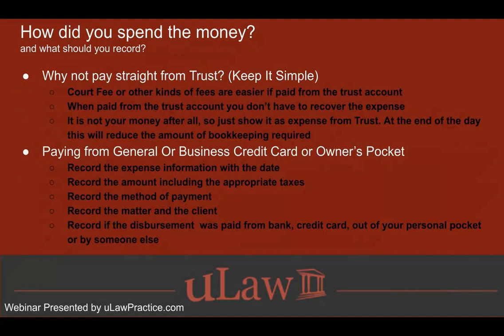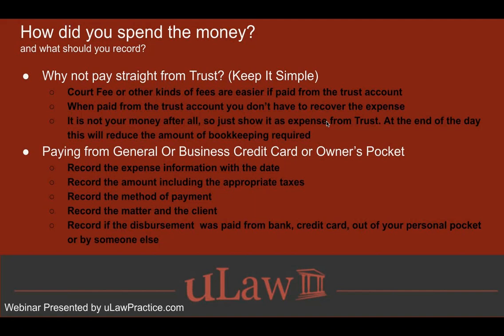And what are the expenditures or disbursements that could be spent from your trust account? These are pretty straightforward. Since it's going out directly from trust, the portion that you're charging the client is the actual amount that you have spent. There is no room for making profit here, because it is going straight from your trust.